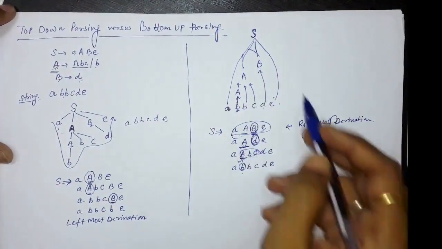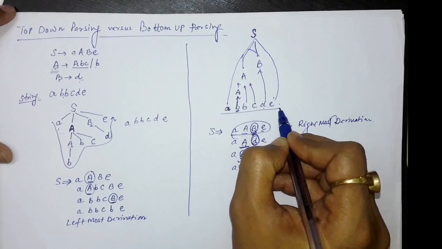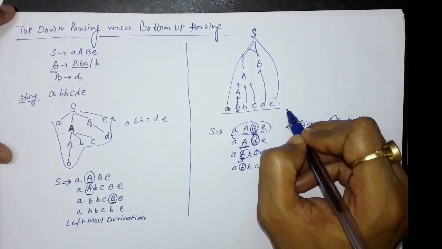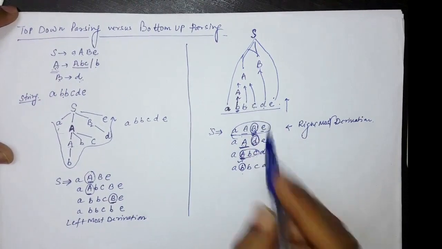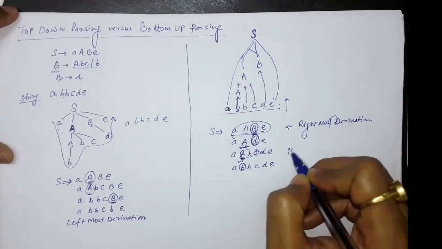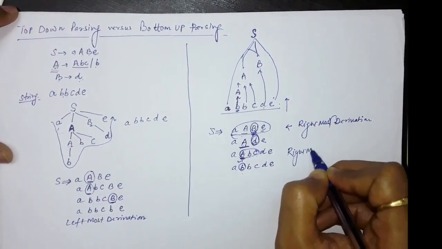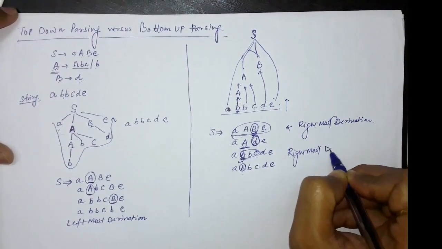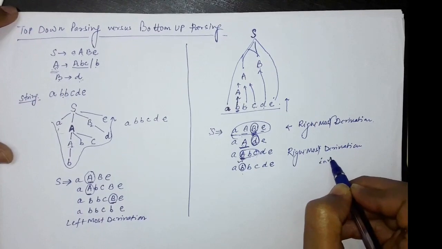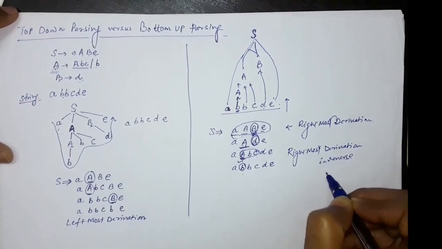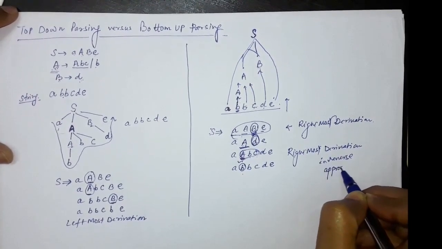So this is the bottom up parsing, where we are actually reducing the string to the start symbol. So here what we have done is the rightmost derivation, but in the reverse manner. Rightmost derivation in reverse manner is done in the bottom up parsing.